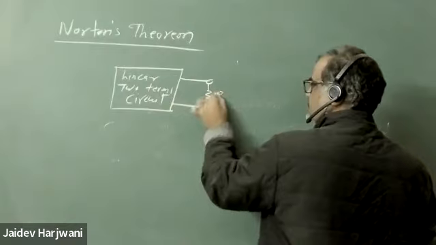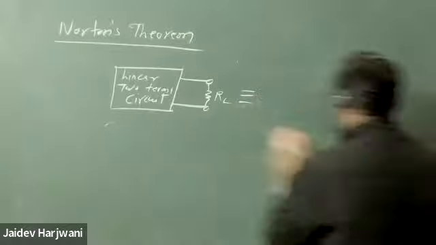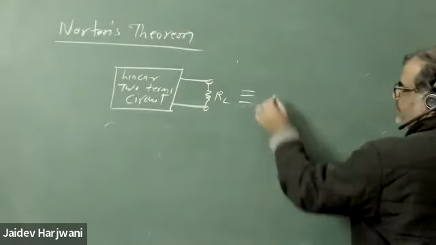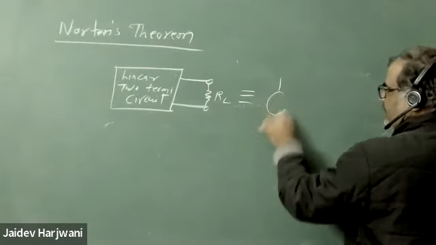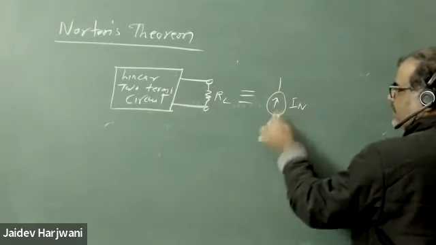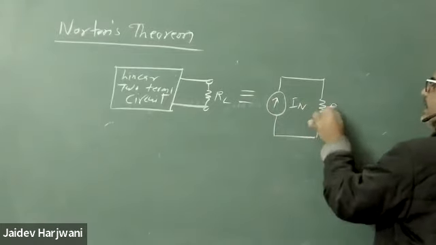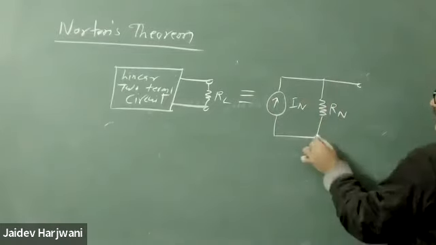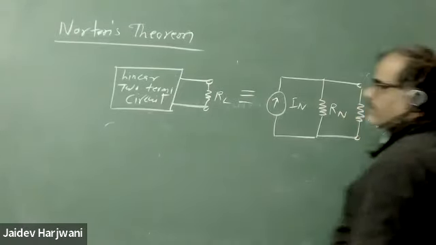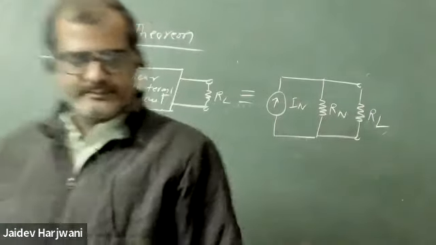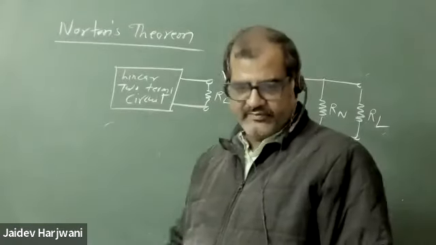Now I can replace this circuit by a simple circuit consisting of a current source called IN, and a resistance parallel to it called RN. You can again put this load RL here. Now this is simply source transformation of Thevenin's theorem.